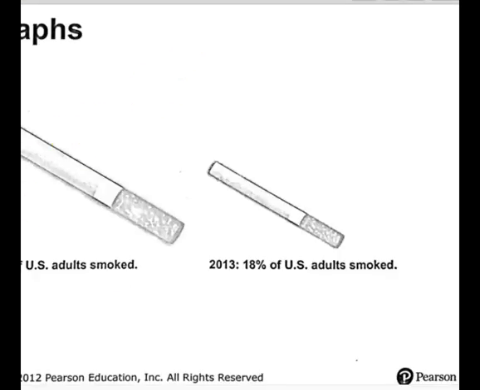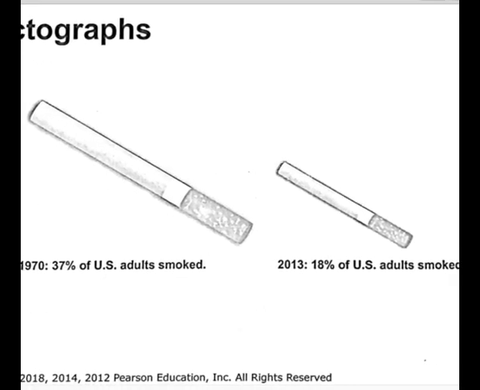what we had in this picture is, 37% is not much more than double the size of 18%, because if we do 18 times 2, we'd get 36.